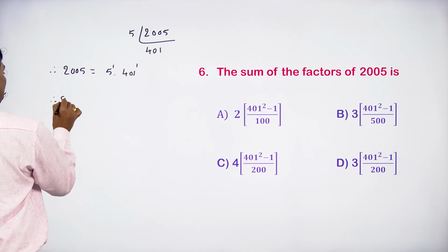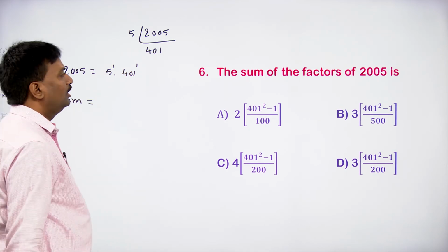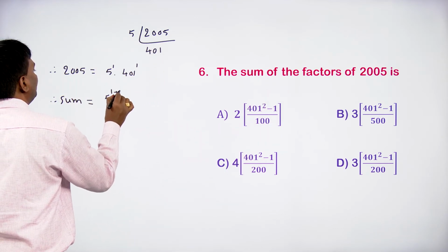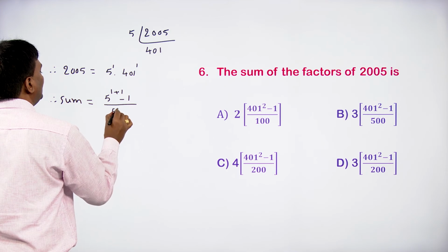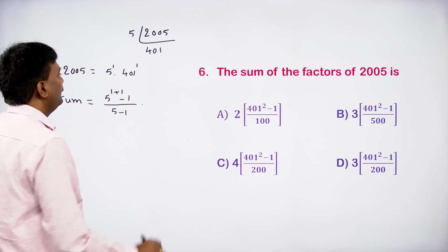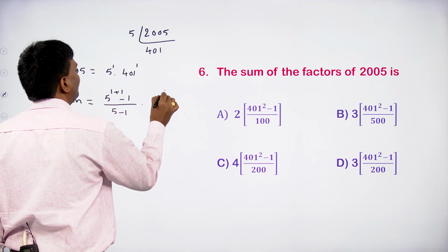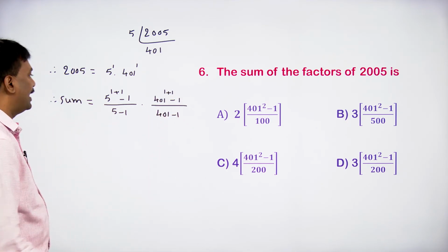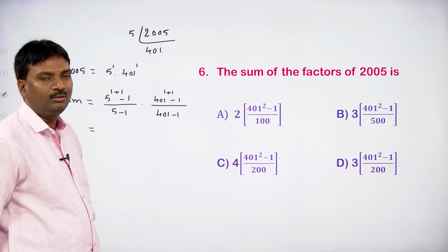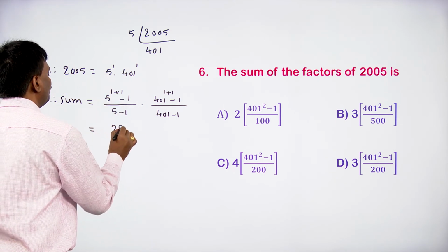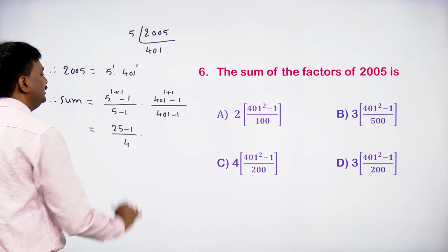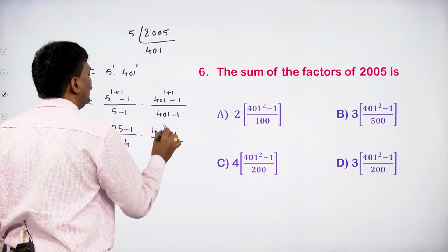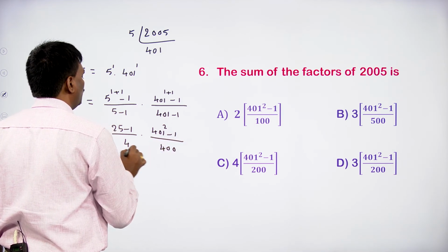Therefore the sum of all factors of 2005 is 5 power 1 plus 1 minus 1 by 5 minus 1 into 401 power 1 plus 1 minus 1 by 401 minus 1, where 5 power 2 is 25, minus 1 by 5 minus 1 is 4, and 401 square as it is, minus 1 by 401 minus 1, that is 400.